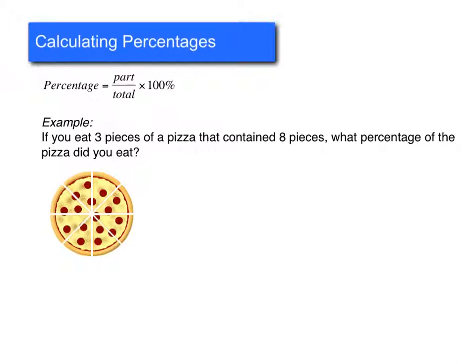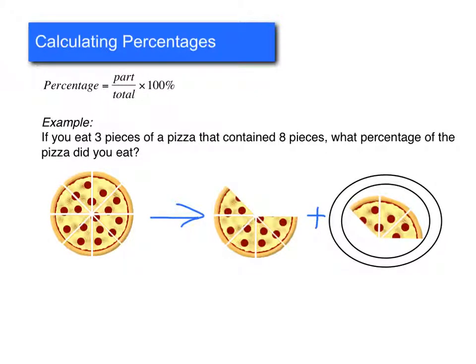As a very basic example, if you have a pizza that has 8 slices, and you eat 3 of them, what percentage of the pizza did you eat? We have one pizza, and we take 3 slices and put them on our plate and eat them, and there are 5 slices remaining. We want to know the percentage that you ate.